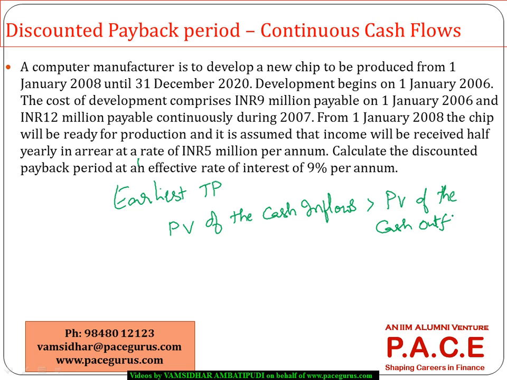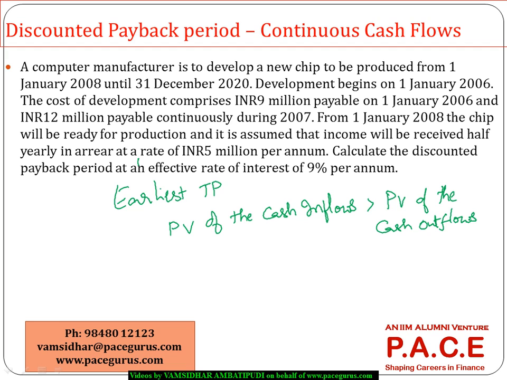In general we invest in a project in the beginning few years, and the project starts generating some cash flows over the period. So after applying an appropriate discounting rate for all the future cash flows, what is the earliest time frame wherein my cash inflows start turning greater than the present value of the cash outflows? That is what we are trying to accomplish as the discounted payback period.